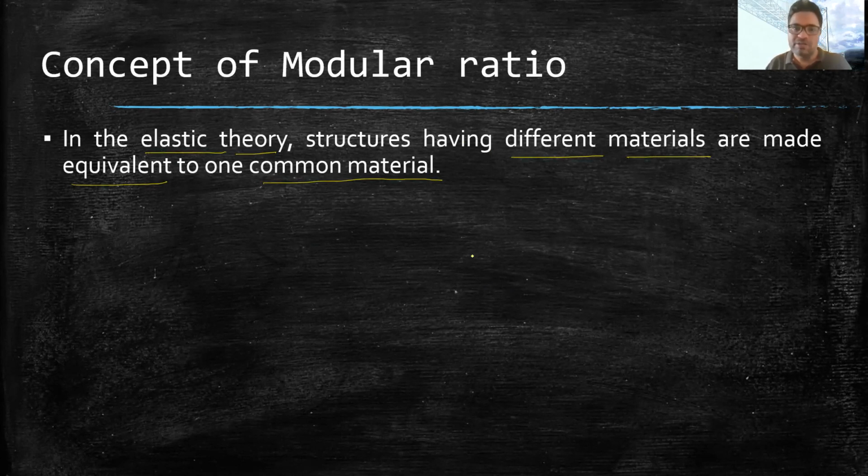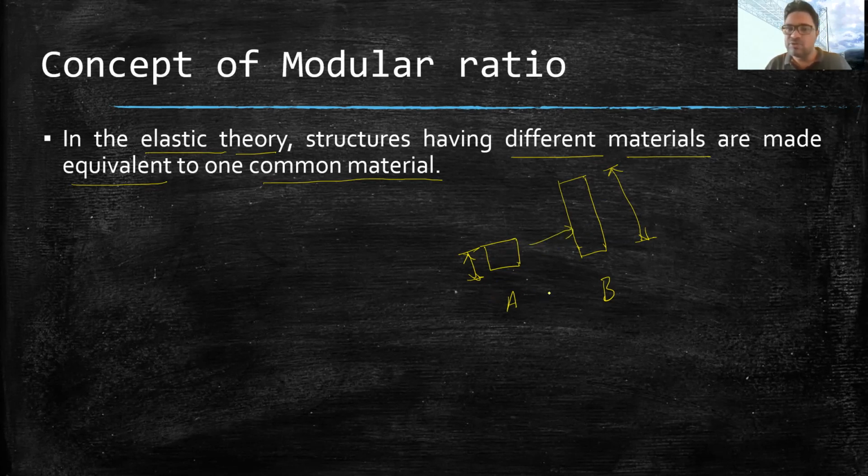For example, now I will be giving you this example. Say, for example, this is one block, say A, and this is another block, say block B. This is the measure of strength of block A, and this is the measure of strength of block B. So now we know that the strength of block A is less than the strength of block B. Now, if I want to express the strength of A in terms of B, how do we do that?